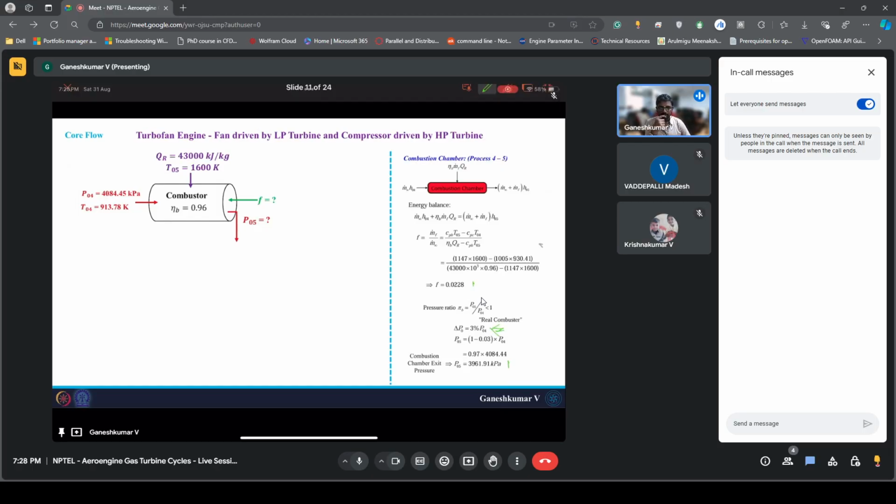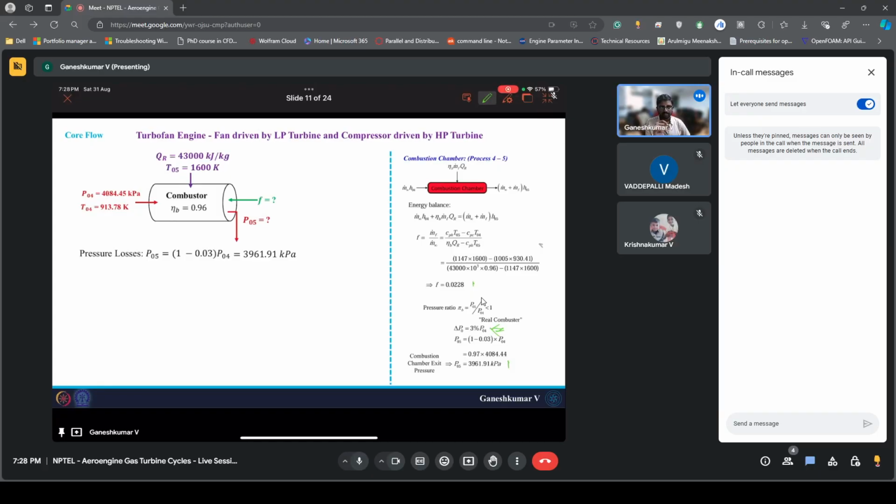So then again the pressure would be same, right? Because the entry pressure is same for both the cases, and there is a pressure loss of 3%, so the exit pressure of the combustor will be same as whatever we found in the previous configuration also. So in that way you can relate.